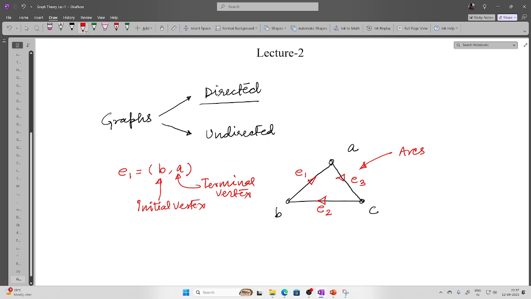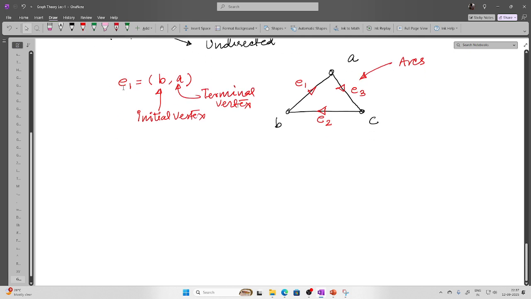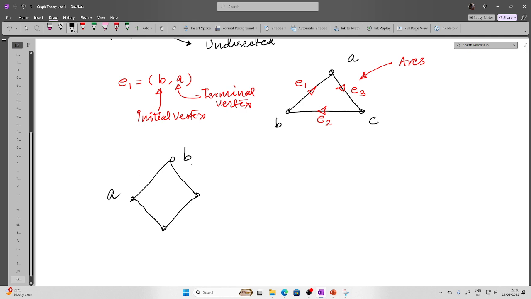Okay. Now, what is undirected graph? So any graph in which we don't have directions attached to edges, they are called as undirected graph. So if I draw this graph, let's say this is the graph A, B, C, and D. These are vertices and they are connected via edges. And here, in this particular case, the edges don't have any direction.